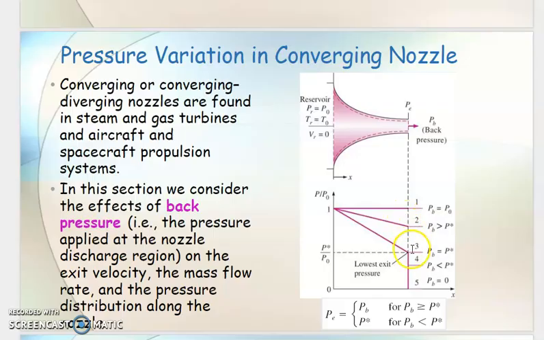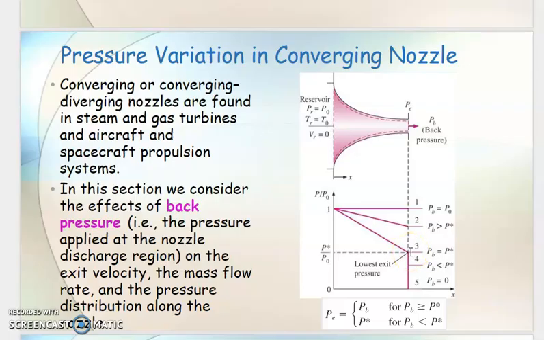Then at step number 3, the back pressure equals P star. What is P star? Like I mentioned before, P star is when the Mach number equals 1, which is the critical pressure. This is the lowest exit pressure possible for a converging nozzle.